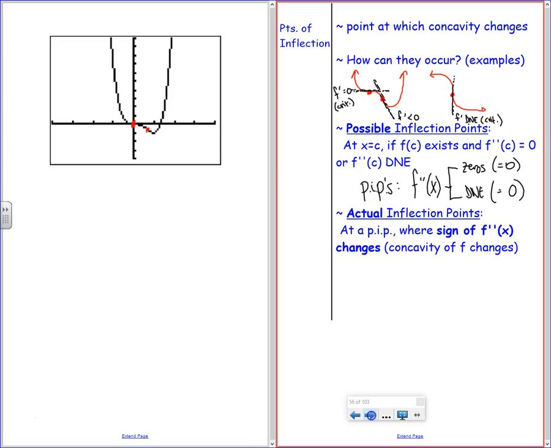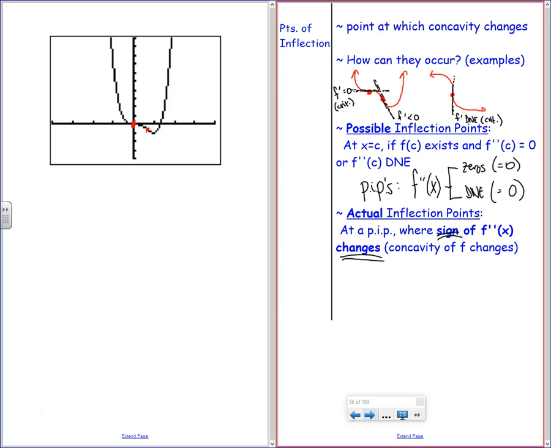Possible inflection points. So question, what makes them pips? Inflection points. Pips are possible, ips are actual. How do you go from a possible to an actual? You gotta look at a sign chart.